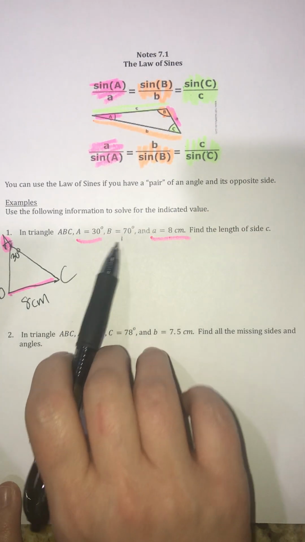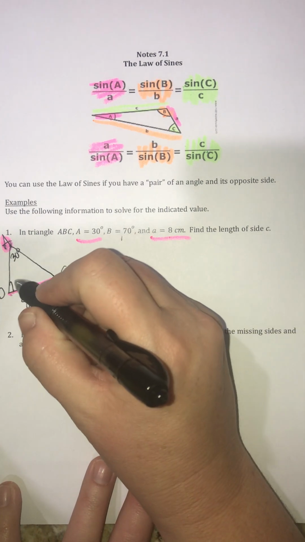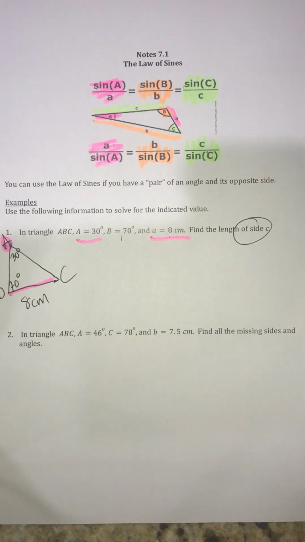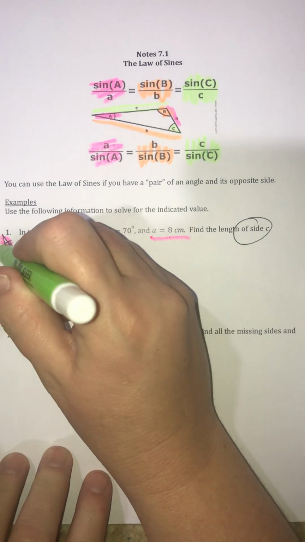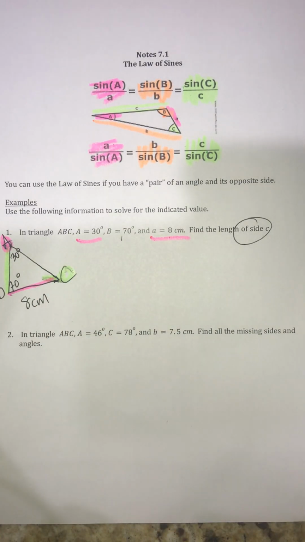Now they did tell me more information. They told me that angle B was 70 degrees. Now, since they want me to find side C, that is the side opposite of angle C. So knowing that angle B is 70 degrees feels like information that I didn't need.